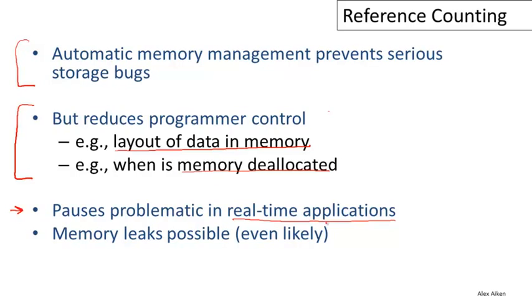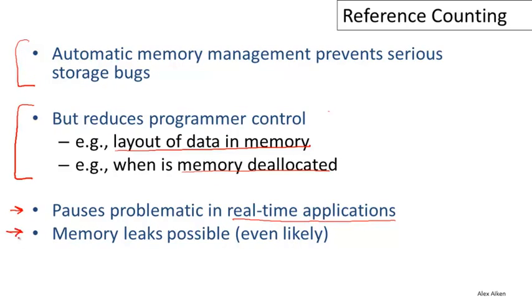And introducing an automatic memory management system that might pause for arbitrary amounts of time makes that a very problematic thing to guarantee. So you don't always see garbage collection used in real-time applications, although there has been a lot of progress in the last several years on real-time garbage collectors.